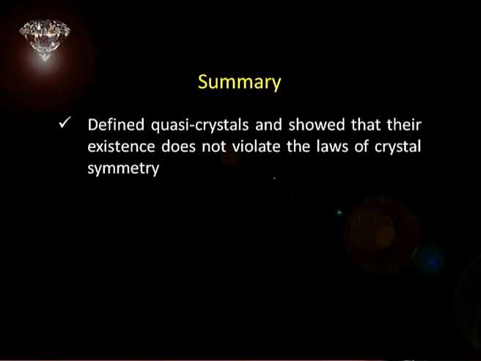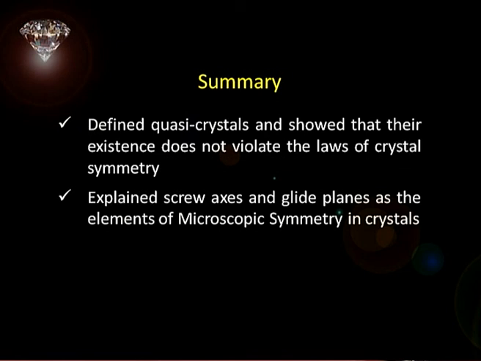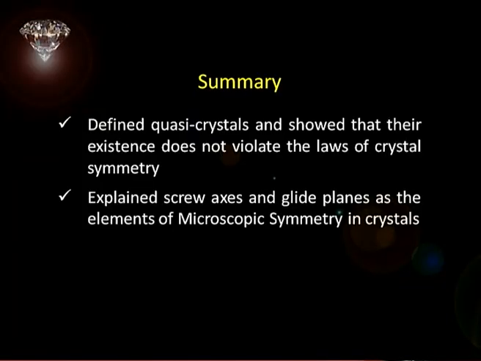Thereafter, we explained 2 kinds of symmetry operations and the corresponding symmetry elements which are specific to crystals and arise because of the macroscopic symmetry in the crystal: the screw axis and glide planes, wherein we saw that there are a total of 11 screw axes possible, and only 5 kinds of glide planes. Now, with that we conclude our session on crystal symmetry.